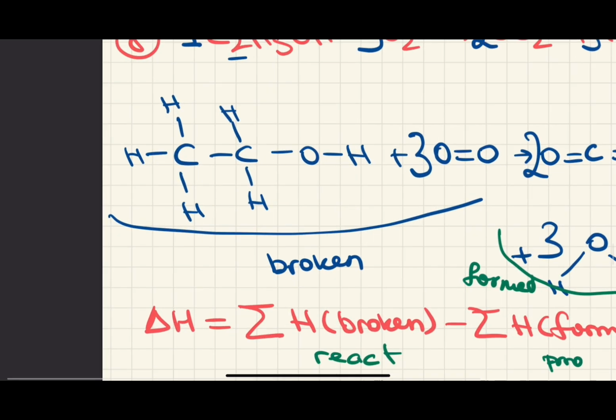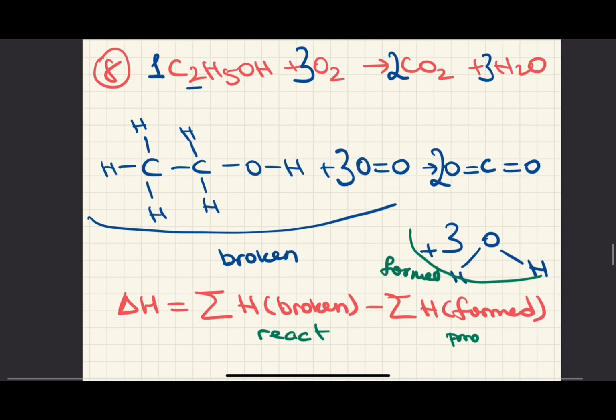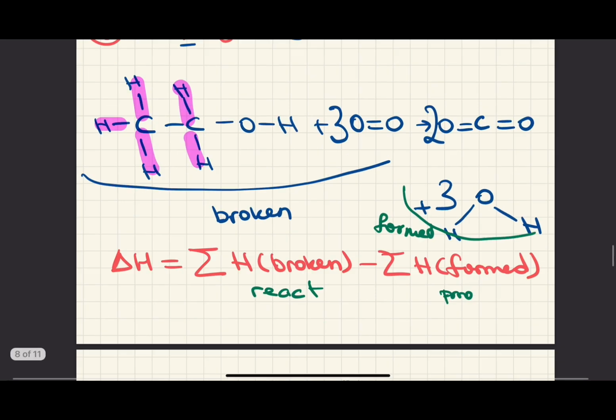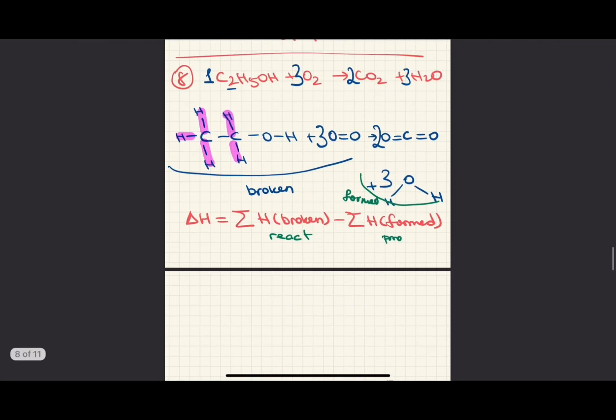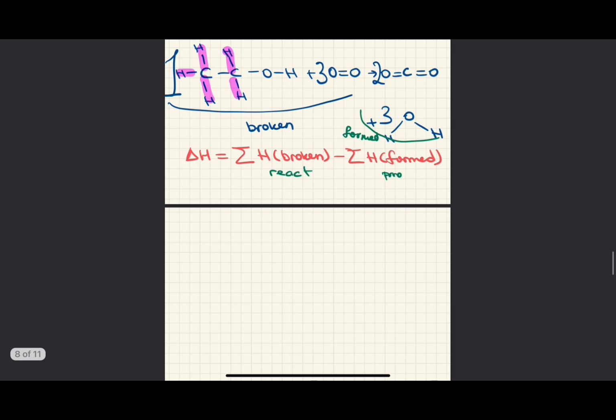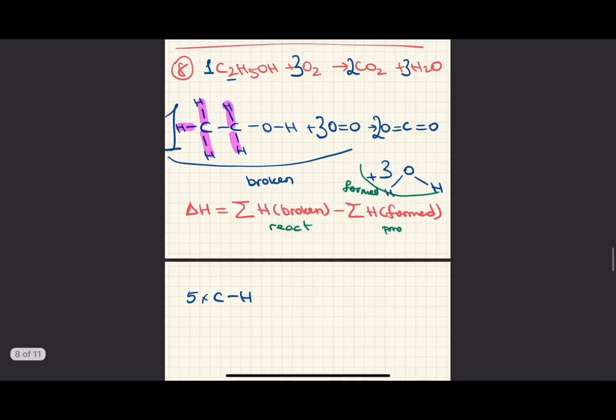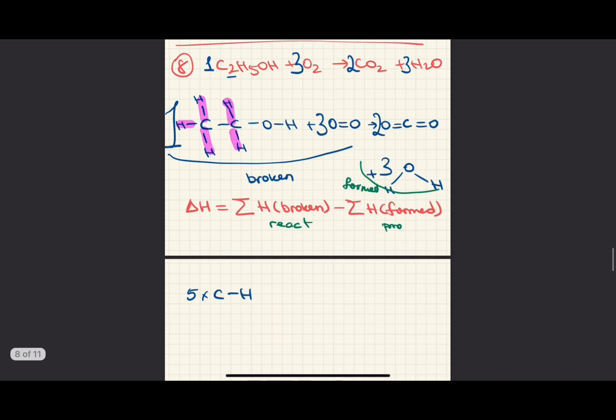So in here, let's count how many different type of bonds we have. So I have in here carbon with the hydrogens, and I have 5 of them, okay? From my balanced equation, I know that there's only 1 of them here, so it would be 5 times carbon and hydrogen. And then I have in here carbon with carbon, I have carbon with oxygen, I have oxygen and hydrogen.